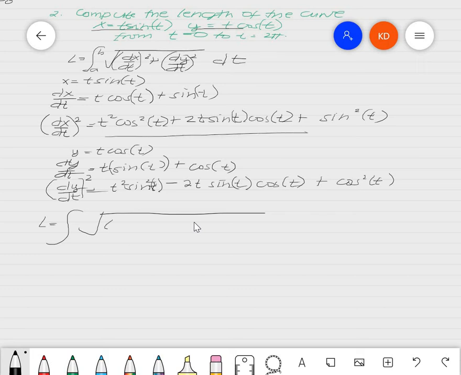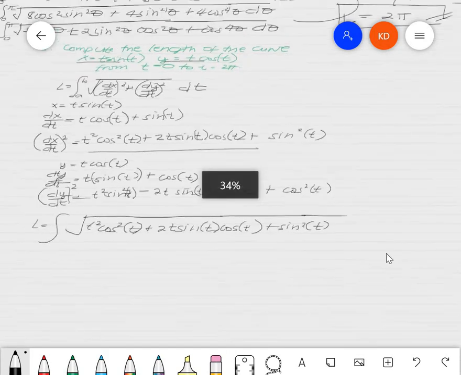So we have t squared cosine squared t, plus 2t sine t cosine t, plus sine squared t. Then we have another one.